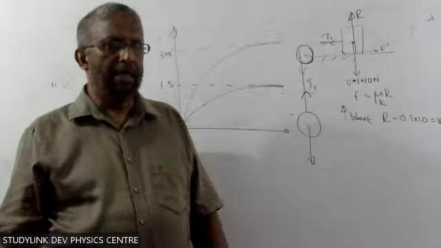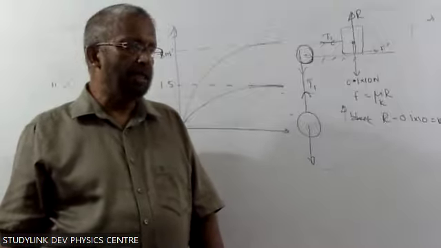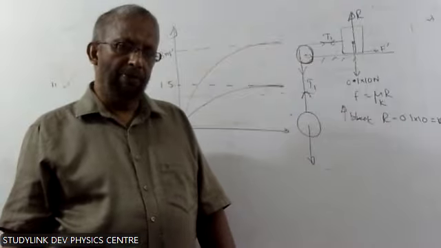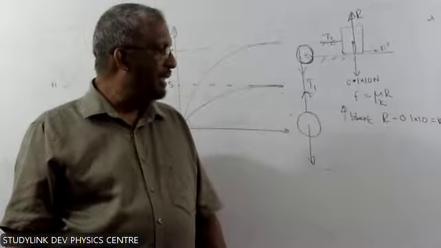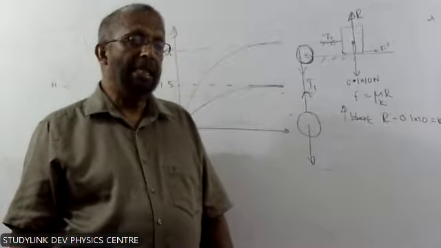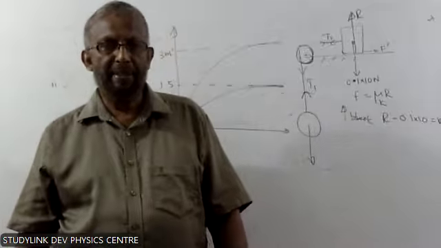But when an object is moving at constant velocity with acceleration 0, that time we say it is in dynamic equilibrium. Dynamic equilibrium means it's moving. Here it is also dynamic like that. So vertically upwards, we can apply F equals ma.